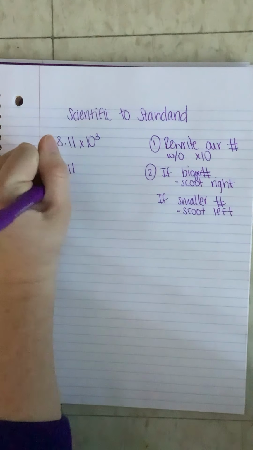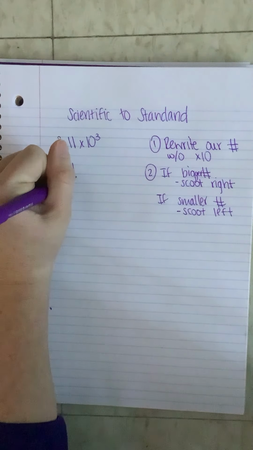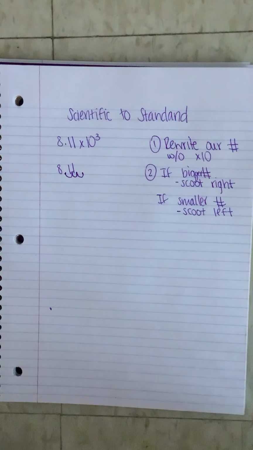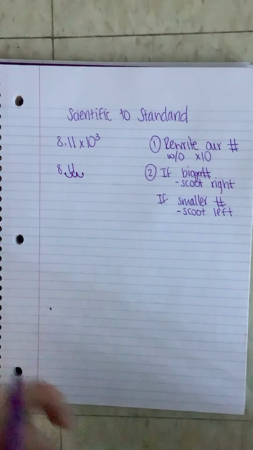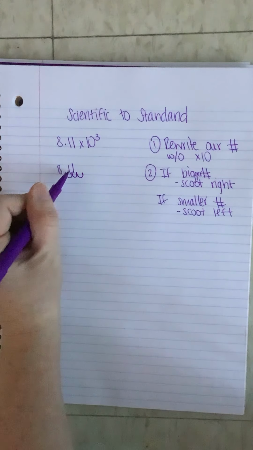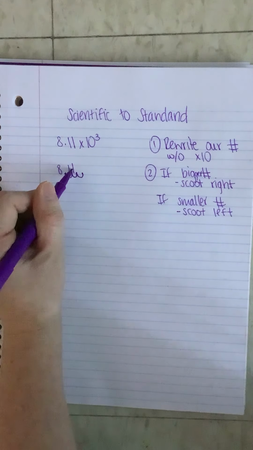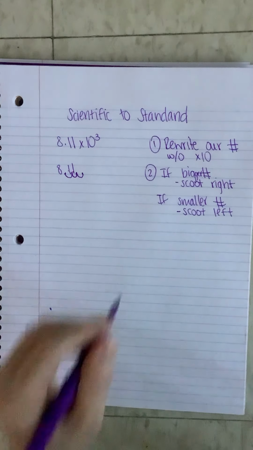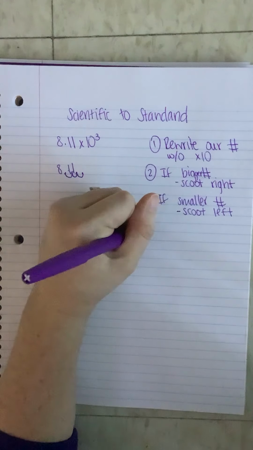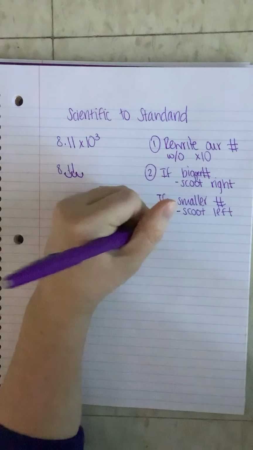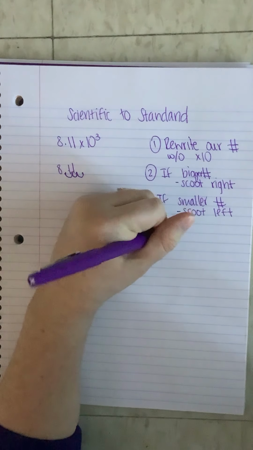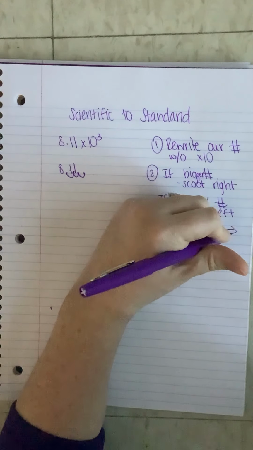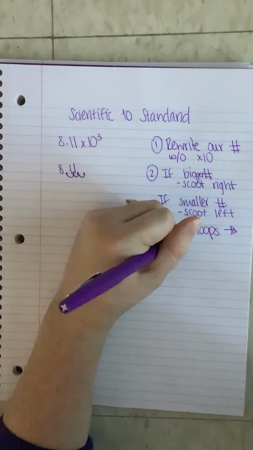So I start at my decimal, 1, 2, 3. Notice I have an empty loop. In my first loop, 1 was in there. In my second loop, I had 1 in there. But on my third, I have an empty loop. If you have empty loops like that, that's where you are going to write zeros.